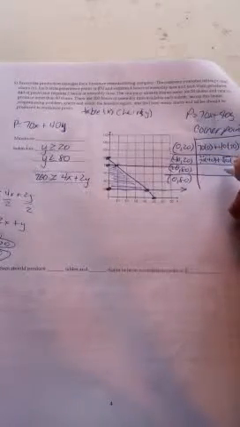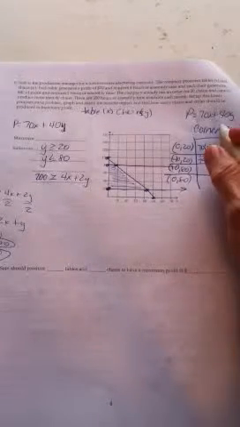So 10 tables and 80 chairs. Put a 10 in and an 80. That would be 700 plus 3200, which is 3,900.